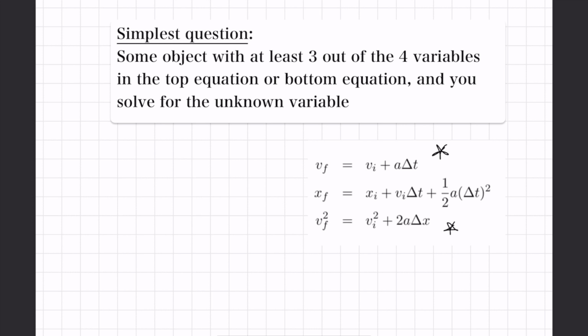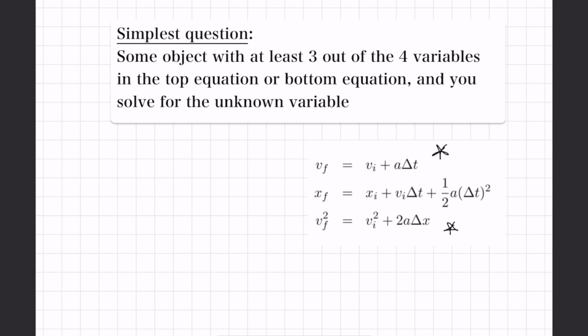Because remember, in order to solve for anything, we need at the very least 3 variables. I think there's 6 variables total in this whole set of equations, but you need at least 3 from the top or from the bottom for them to be able to ask for anything. And with those 3 givens, you could pretty much solve for any other unknown variable.